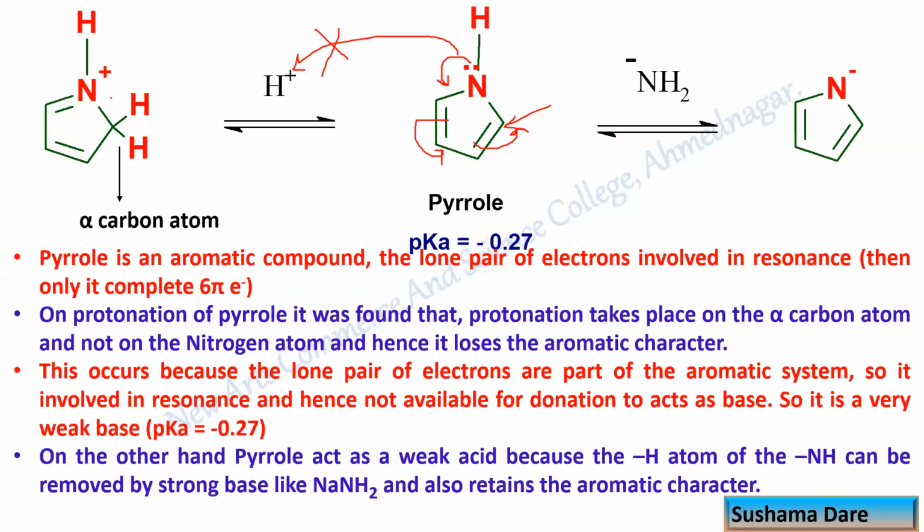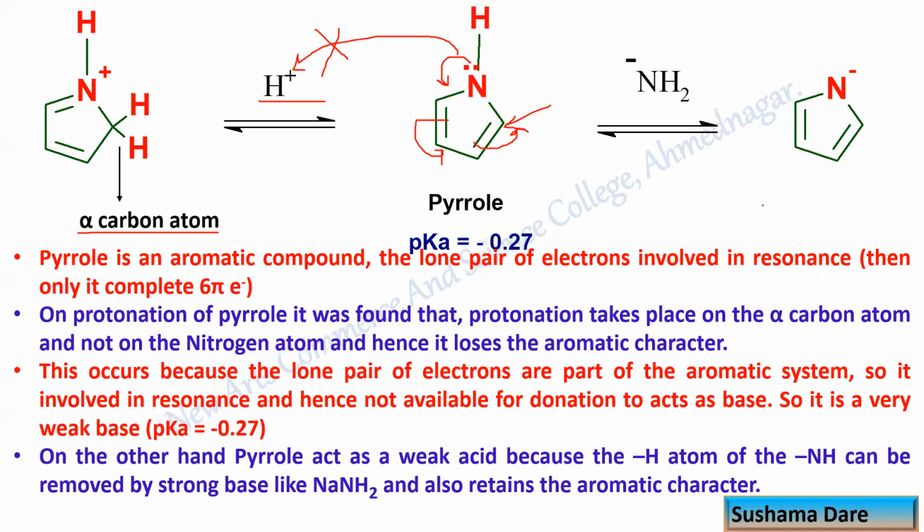Because of this, the nitrogen never donates its electron density to a proton. Rather, the protonation takes place at the alpha carbon atom. As nitrogen does not directly donate its electron density to a proton, it is not a base, or we can call it a very weak base.